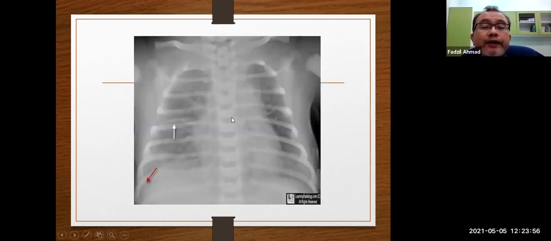On the X-ray, usually you can see water in the fissure. It is the water in the fissure that tells us there is a large amount of fluid still inside the lung, and the result is that the newborn has neonatal respiratory distress.